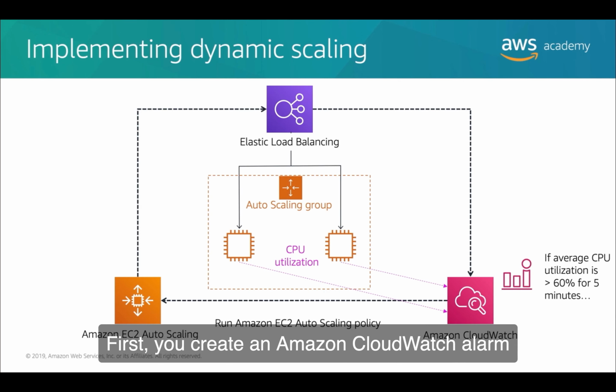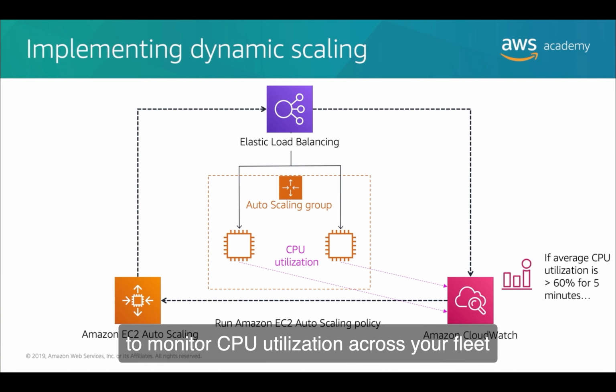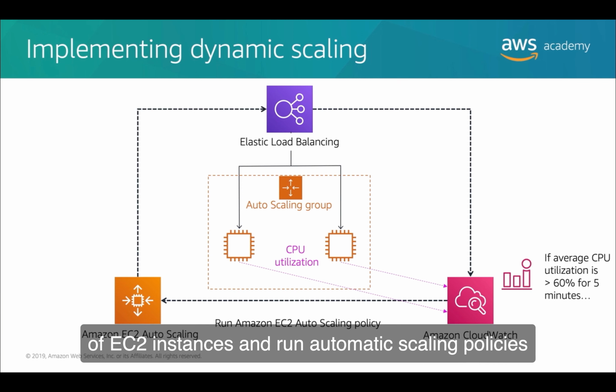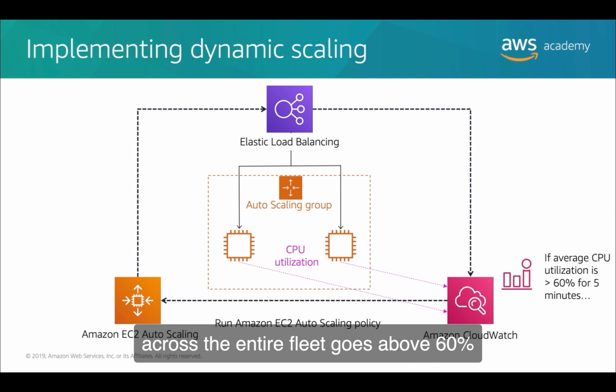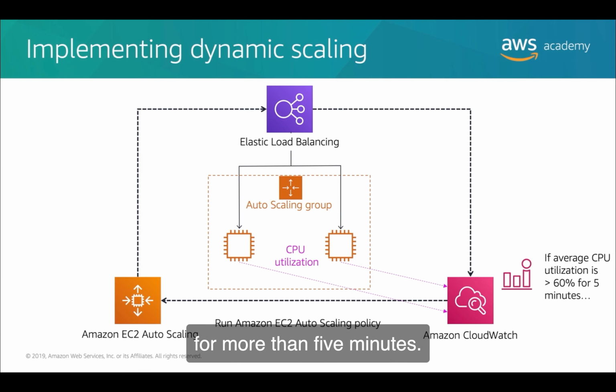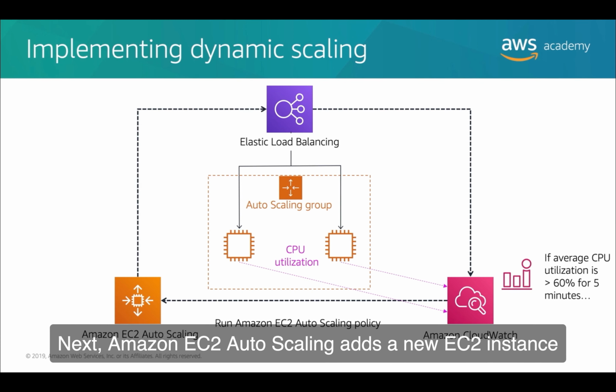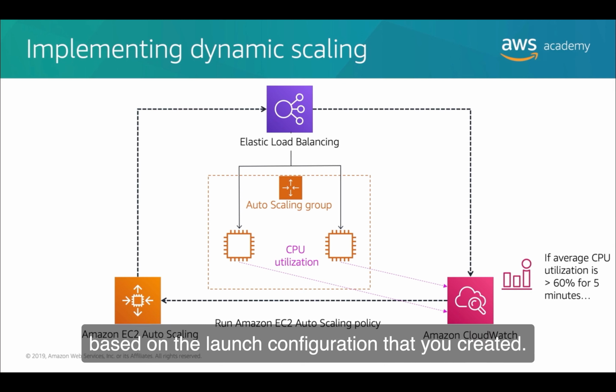First, you create an Amazon CloudWatch alarm to monitor CPU utilization across your fleet of EC2 instances, and run automatic scaling policies if the average CPU utilization across the entire fleet goes above 60% for more than 5 minutes. Next, Amazon EC2 Auto Scaling adds a new EC2 instance into your Auto Scaling group based on the launch configuration that you created.